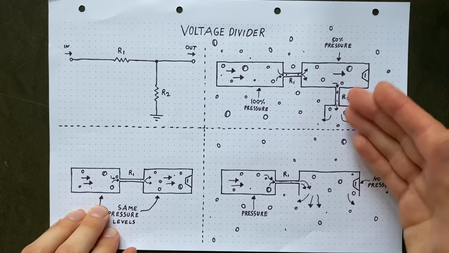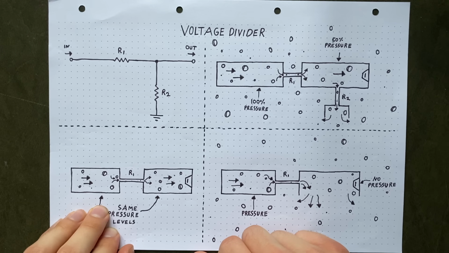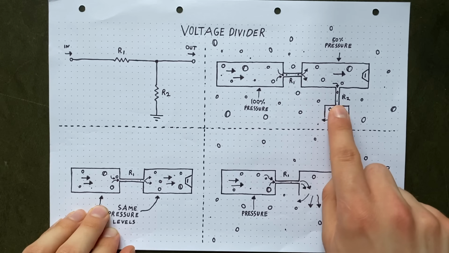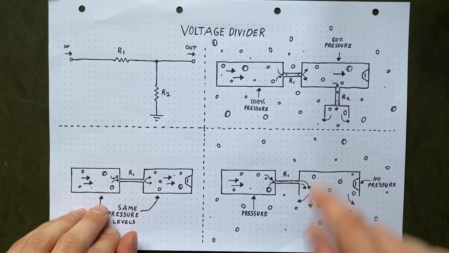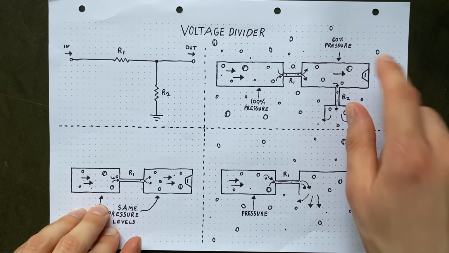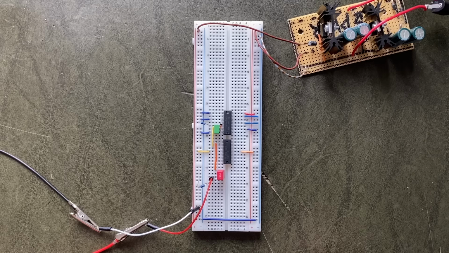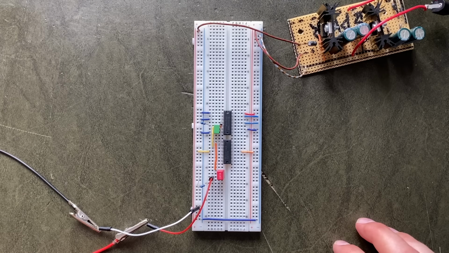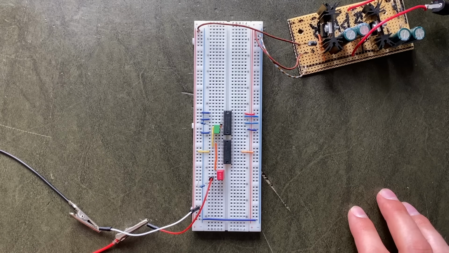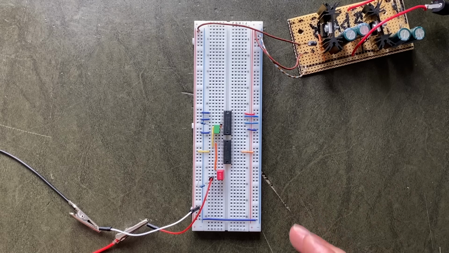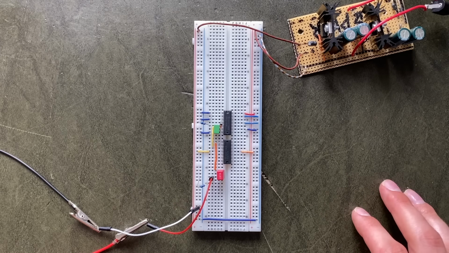But if it's the reverse, the pressure level will be only a tiny fraction. And if R1 and R2 are identical, the pressure here will be exactly half of what we send in here. So since an oscillation is really just a swing between voltage levels, we should be able to scale or divide it down by using this method.